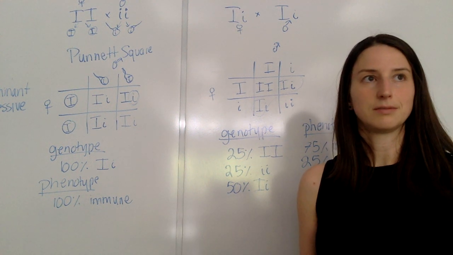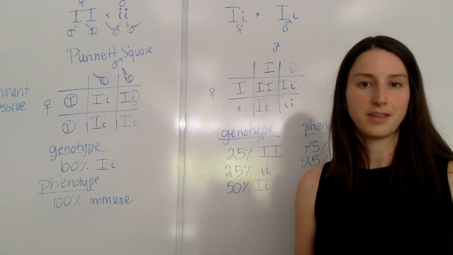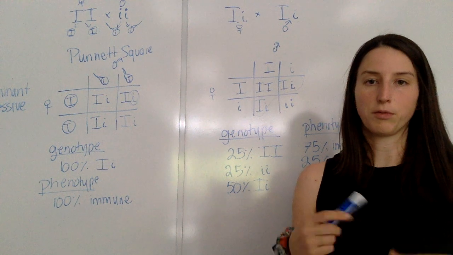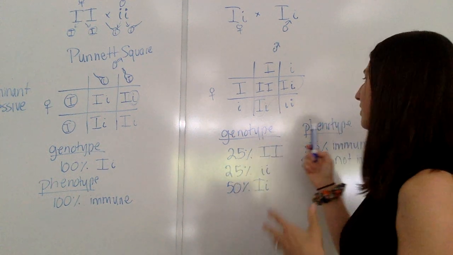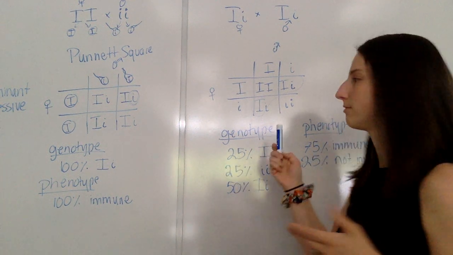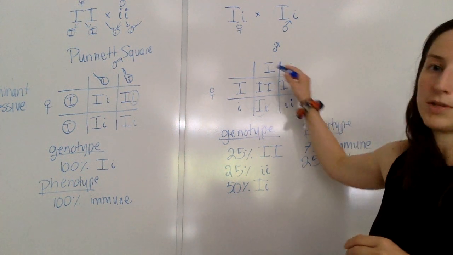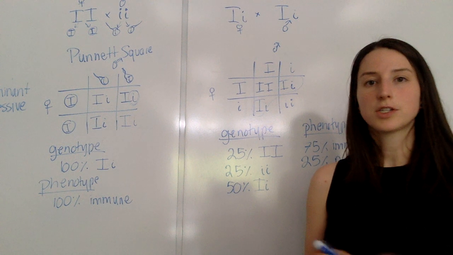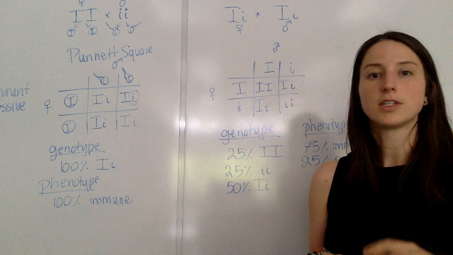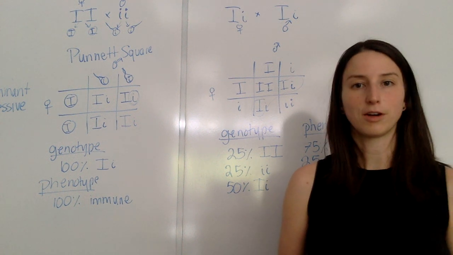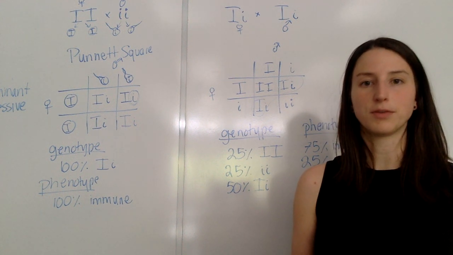People have hundreds of eggs that they're going to ovulate. So it's not that one out of every four kids you have is going to have this. It's that you have a 25% chance of your offspring having this, and a 75% chance of them not. So it's just kind of an interesting thing where we can look at the genotypes, and figure out what potential things are going to happen with your offspring.